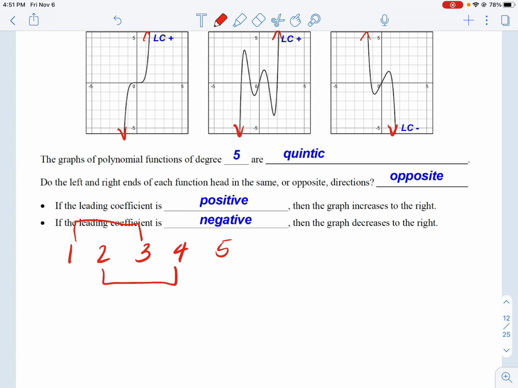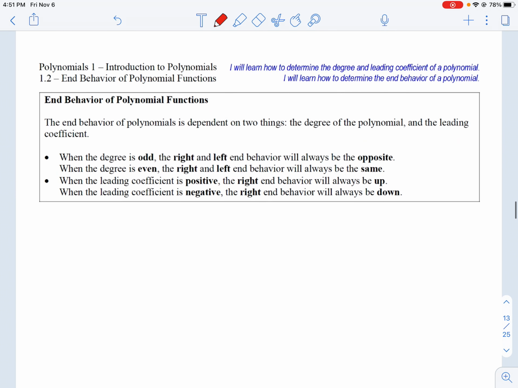But the degrees 1, 3, and 5 are all the same. They head in opposite directions. That means, let's look at the end behavior of a polynomial function. The end behavior of a polynomial function is dependent on two things: the degree of the polynomial and the leading coefficient.